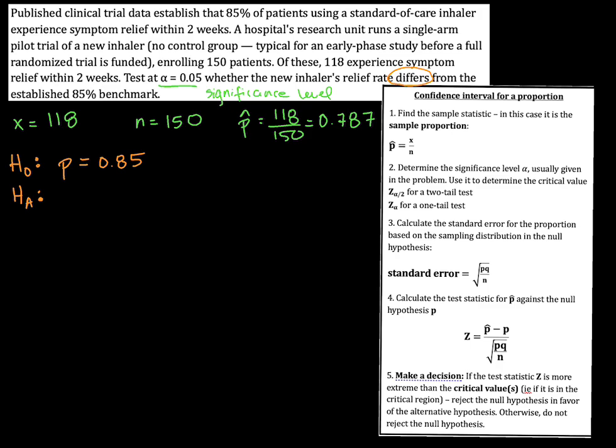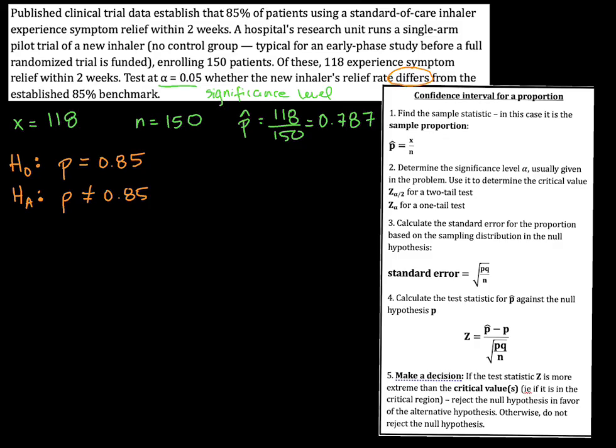So there are other things that could be weighed besides the proportion of people who experience relief, although that is certainly an important one. So let's say the proportion is not equal to 0.85 is our alternative hypothesis. You're going to do that based on words in the problem.